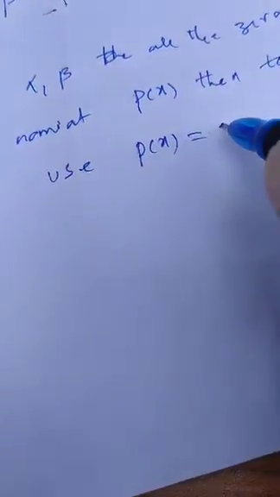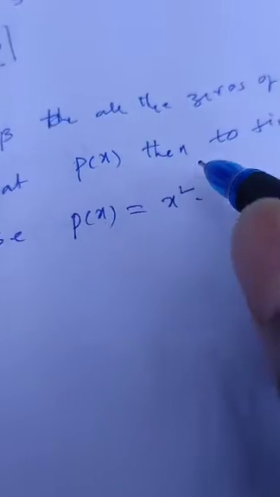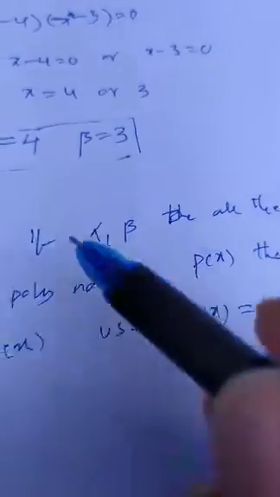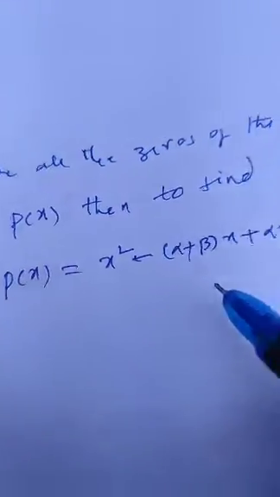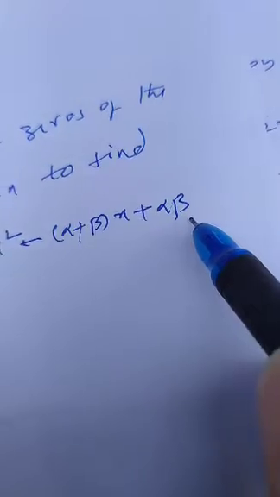Use p of x is equal to x square. So we have two zeros, so we can find the quadratic polynomial using this formula: x square minus alpha plus beta into x plus alpha into beta. If two zeros are given, take them as alpha, beta. Then to find the polynomial, use this formula, x square minus alpha plus beta into x plus alpha beta.